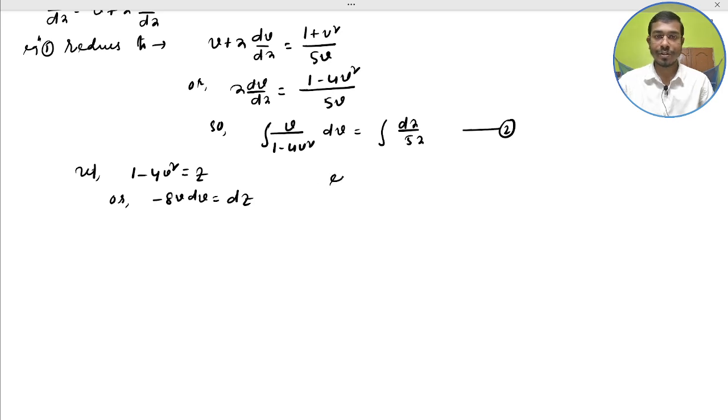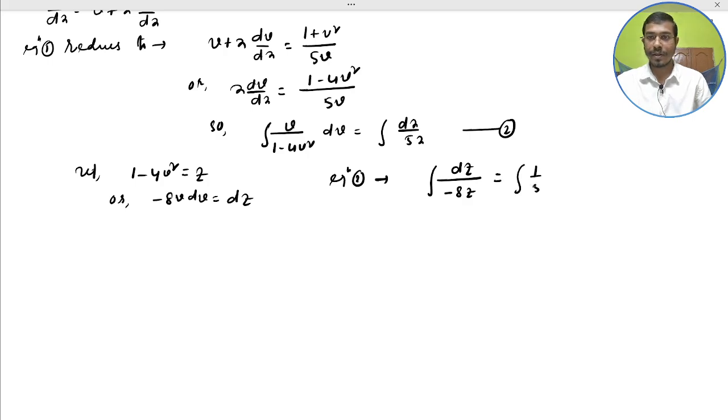So the equation reduces to the integration of minus 1 by 8, dz by z, equal to 1 by 5x dx, or it becomes minus 1 by 8 ln mod z equals 1 by 5 ln mod x plus ln c1.